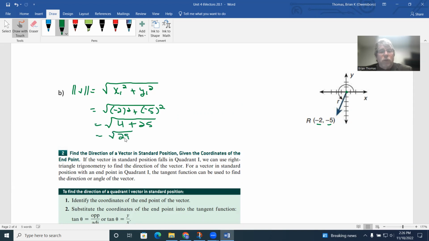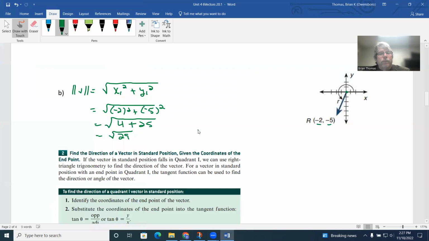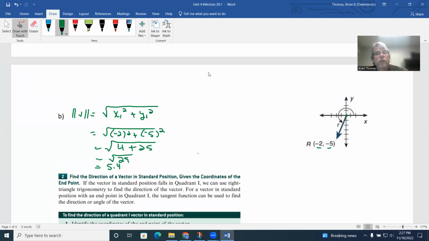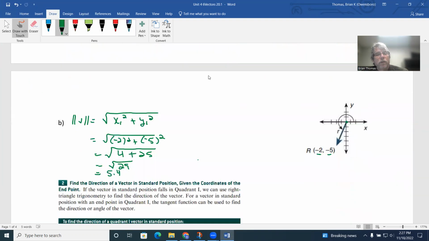Now that one, we're going to have to use a calculator for. If we round to the tenths place, that would be 5.4. So the length of that vector would be approximately 5.4. I don't think they give us a unit of measurement here, so we just have 5.4 as its magnitude.